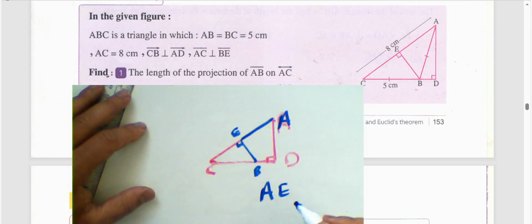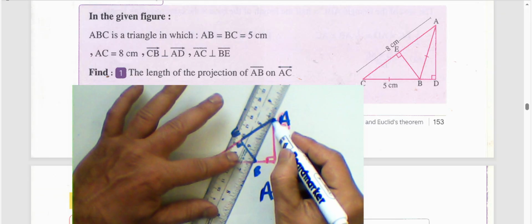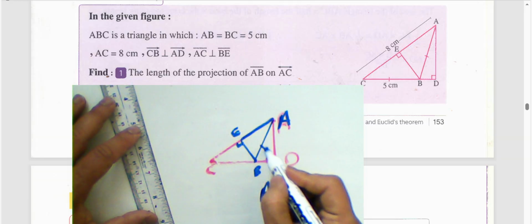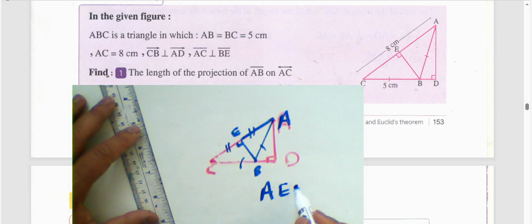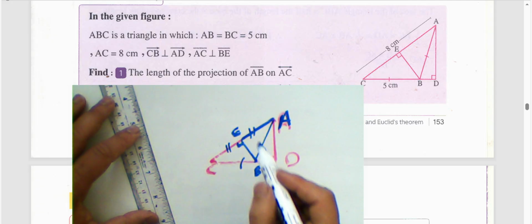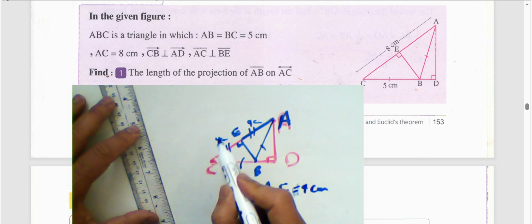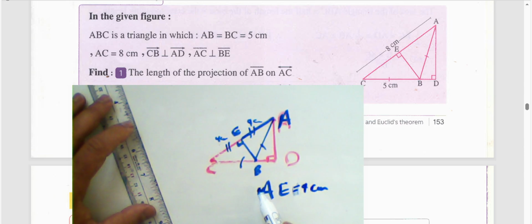How can we find the length of the projection? We have two sides of equal lengths here, and BD is perpendicular to AC, so it bisects the base, and the length will be 4 centimeters. The length here will be 4 centimeters and this is 4 centimeters. This is the first question.